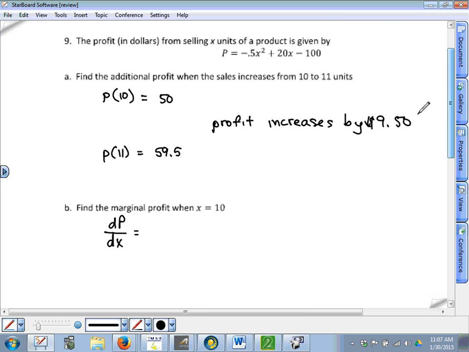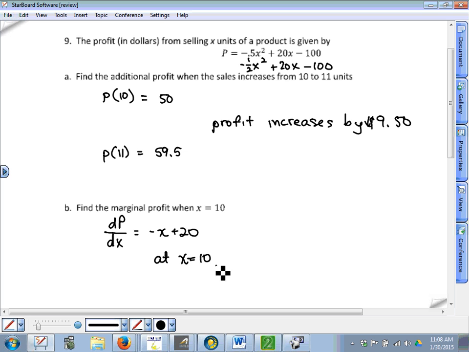If you take the derivative of the profit function, I'm going to rewrite this as negative 1/2 times x squared plus 20x minus 100. The 2 drops down, multiplies with 1/2, it's going to cancel out, so it's negative x. The derivative of 20x is just 20. The derivative of negative 100 is 0. So the derivative here is negative x plus 20.